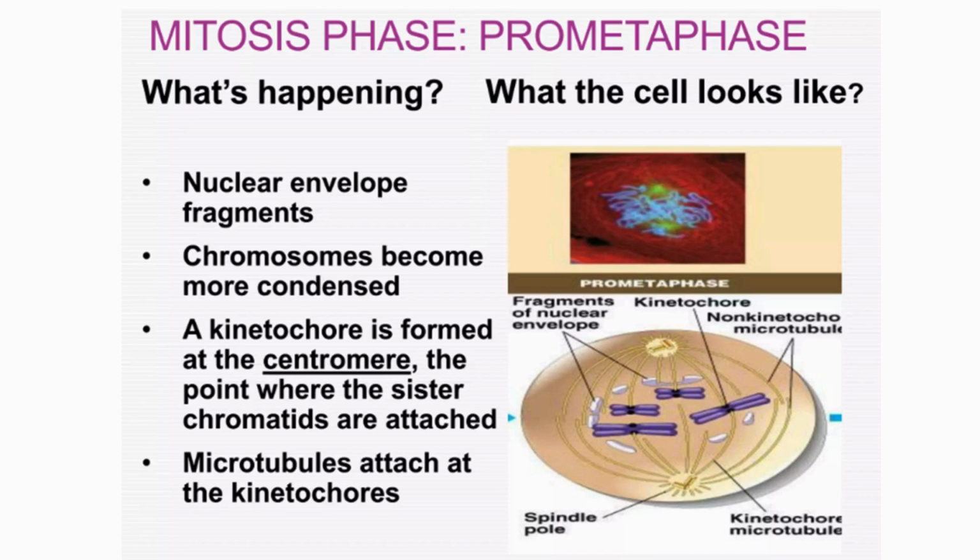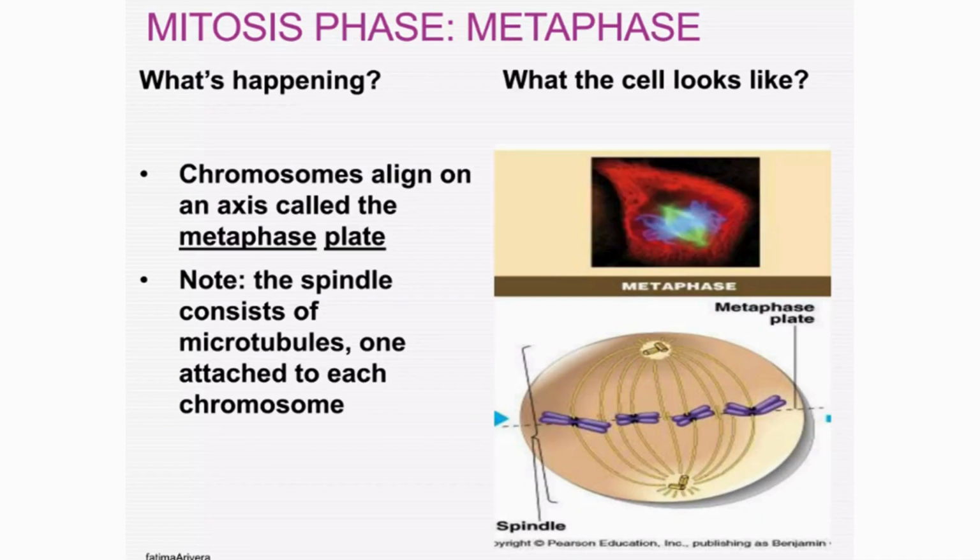The microtubules, in the surrounding thread-like structure, attach to the kinetochore, so they start attachment, and thickening of the chromosomes occurs in the prometaphase. So it means all the chromosomes are ready for separation.